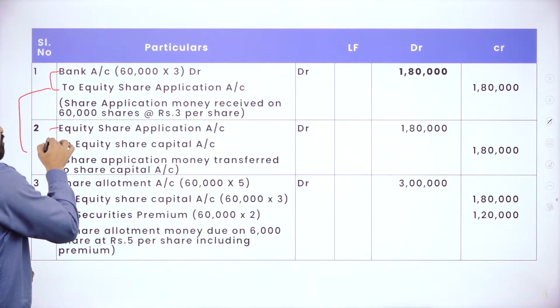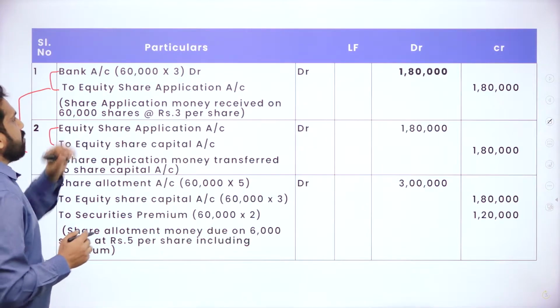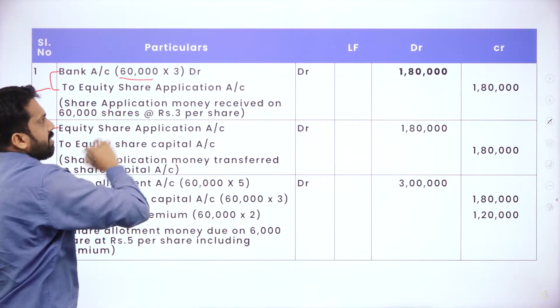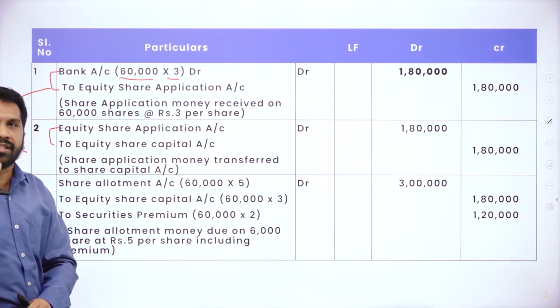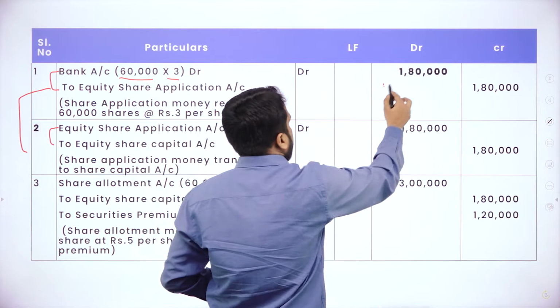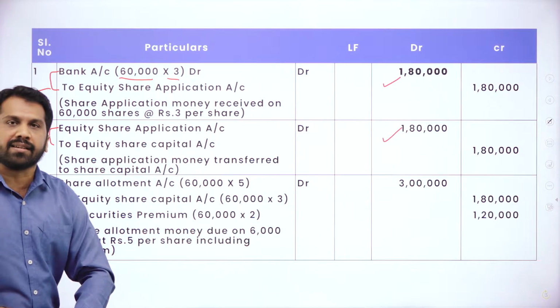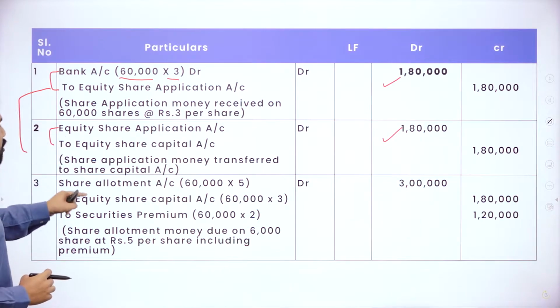Share application account debit to share capital account. Now, number of shares 60,000. Application how much? 3. 60,000 multiplied by 3. Your answer is 1,80,000. Your application is done. Now, come to the narration part.